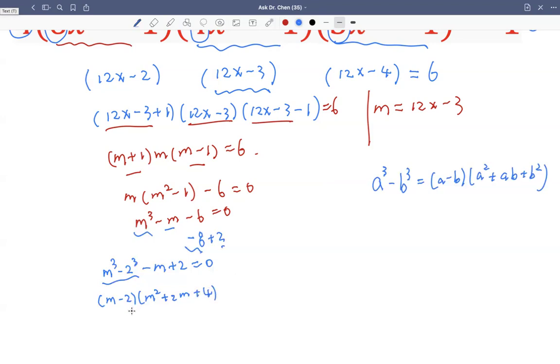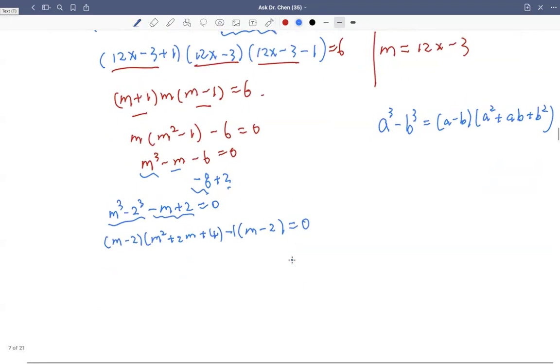Right, this is the formula. Then these two we can factor out negative 1, so negative 1 times m minus 2. Now you see we have constructed a common factor of m minus 2.